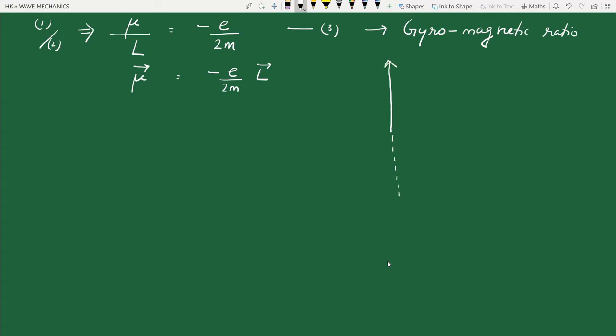Whatever be the direction of the applied magnetic field, we can take it as Z direction. That is only a convention. Suppose this is the direction of magnetic dipole moment mu, making an angle theta with the field direction. Then the direction of orbital angular momentum will be exactly opposite. This angle will be 180 minus theta.